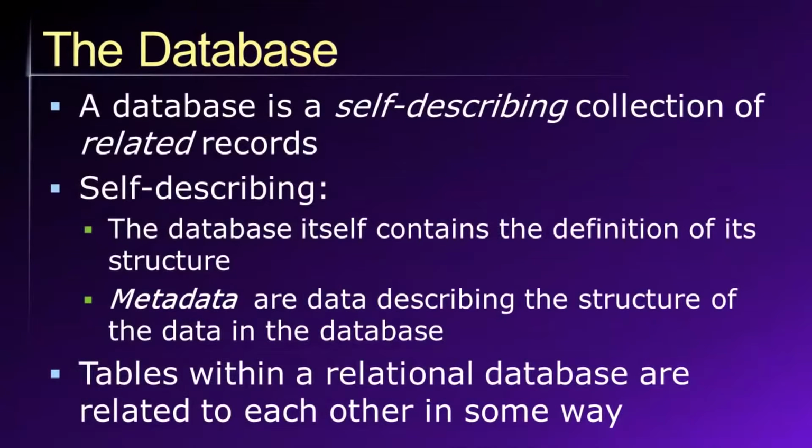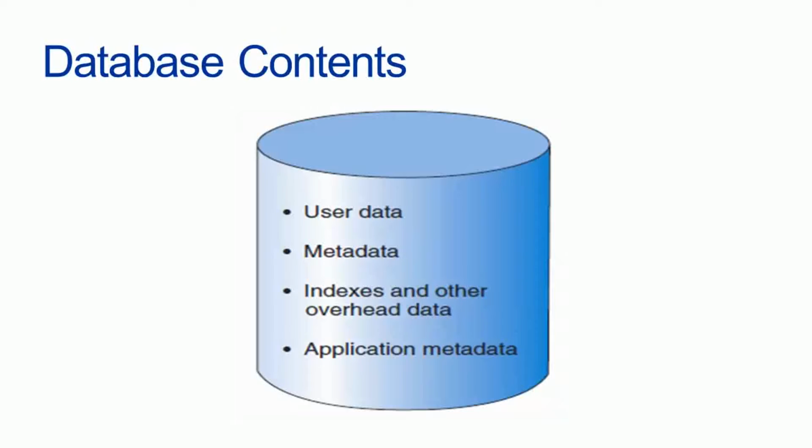And of course, databases allow us to establish relationships between tables. So that means the tables within a database are related to each other according to the relationships that we establish. So it's important to remember that a database does not just contain the data that we have put into it.